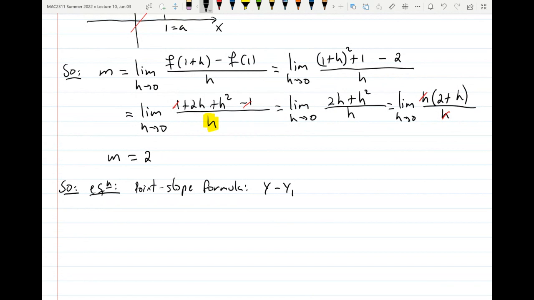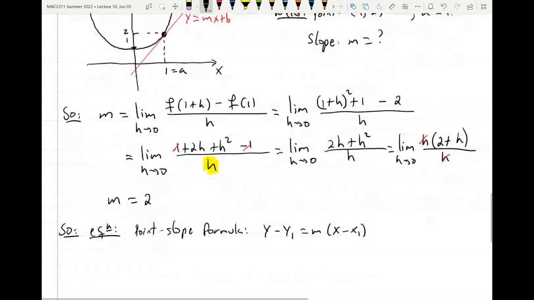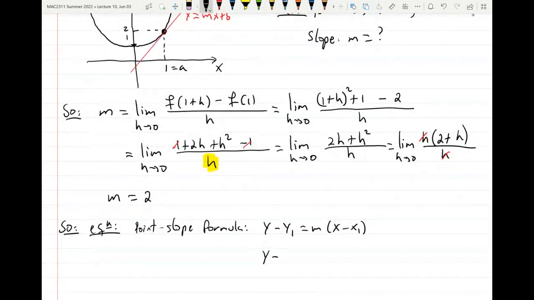It says y minus y1 is equal to m times x minus x1. Just plug in your point and your slope, and then you can find the equation. The point is 1, 2, so y minus 2 is going to be equal to the slope times x minus 1. And we know the slope is 2, so put it in there as well.